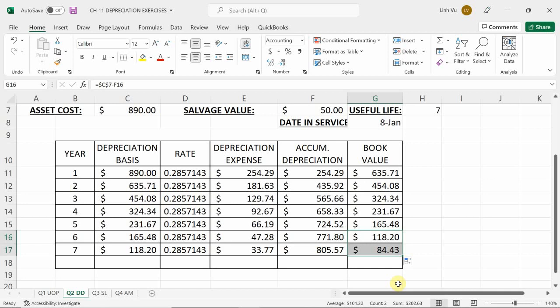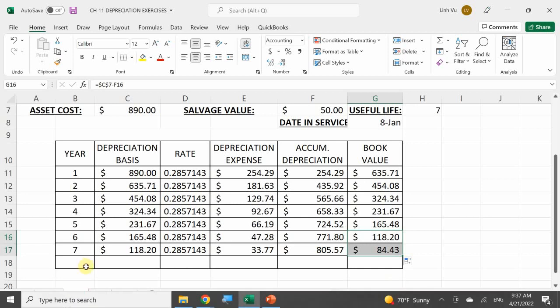What should my book value be at the end of its life? It should be around 50. So in this case, I have $34 more. So can I keep going another year? Yes, you can.